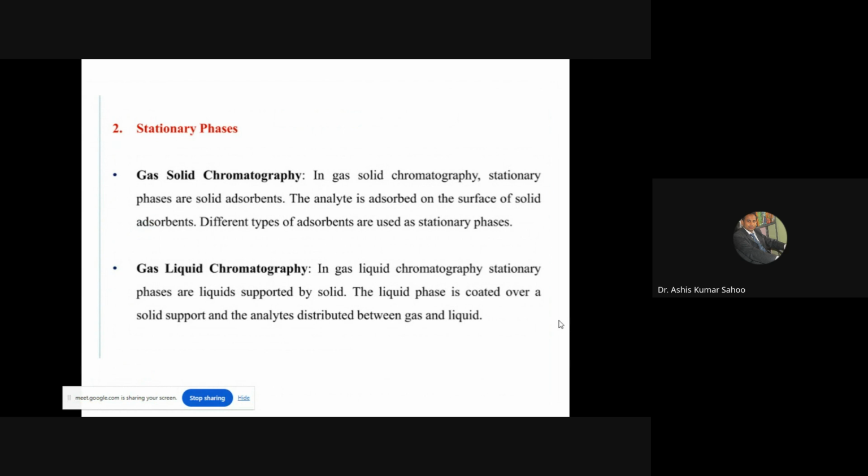Different types of adsorbent are used. In gas liquid chromatography, the stationary phase is a liquid. So we know the mobile phase is a gas. Gas solid stationary phase will be solid, and in gas liquid the stationary phase will be liquid. So these are the different stationary phases used.